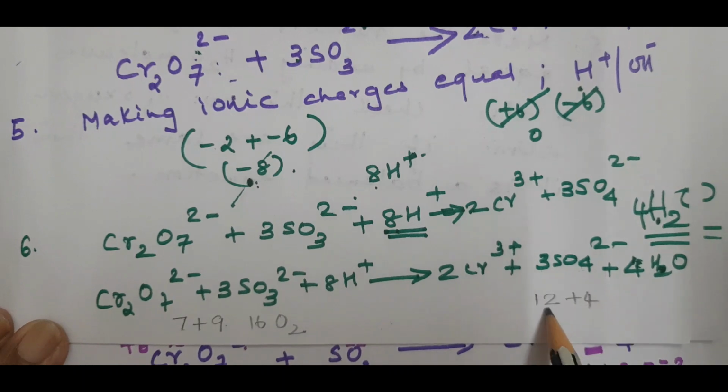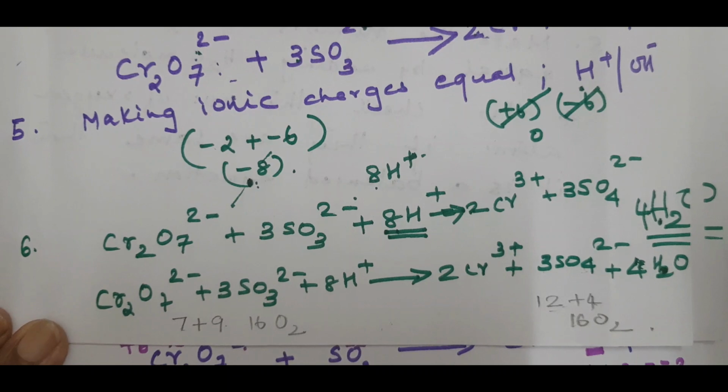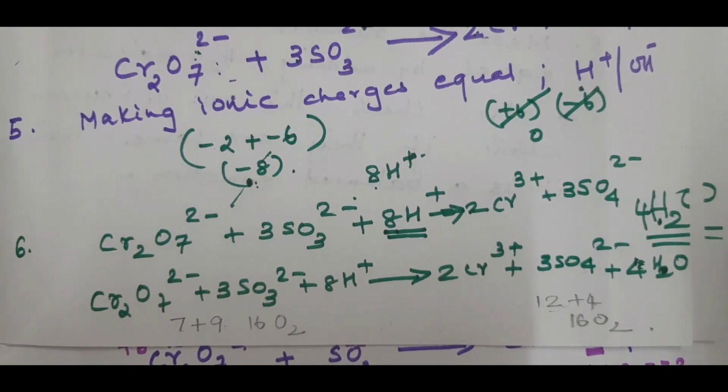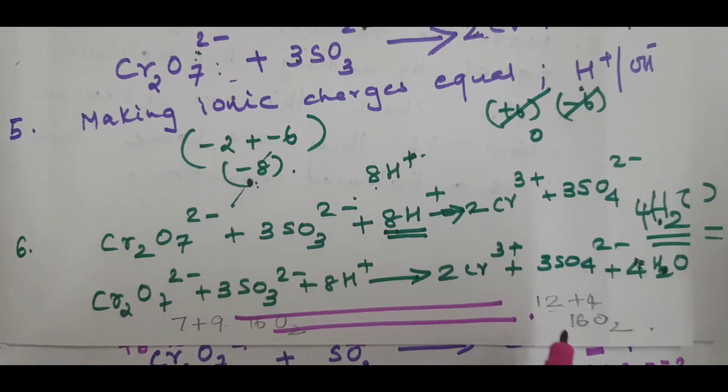On the right, 4 threes are 12, and 12 plus 4 is 16 oxygen. So the oxygen is also balanced. So this is our final balanced redox reaction.